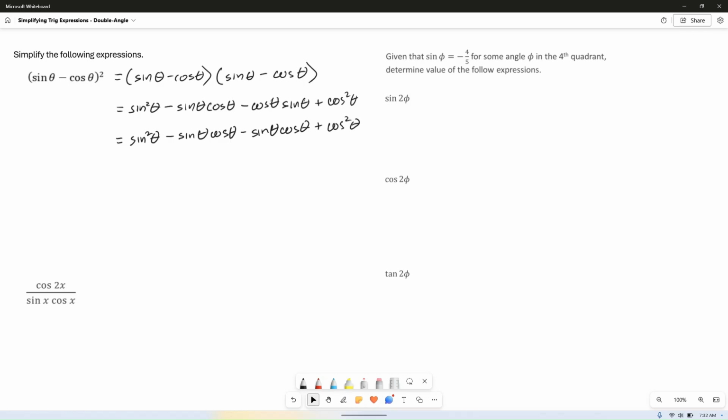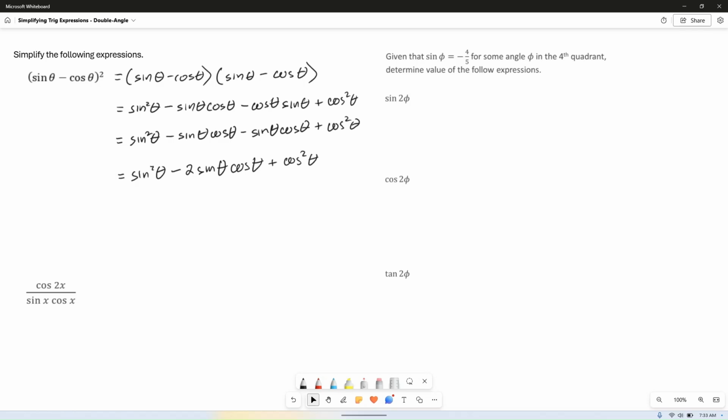Those middle two terms are identical, so they're like terms, and we can add them together. And so I have sine squared theta minus 2 sine theta cosine theta, plus cosine squared theta.